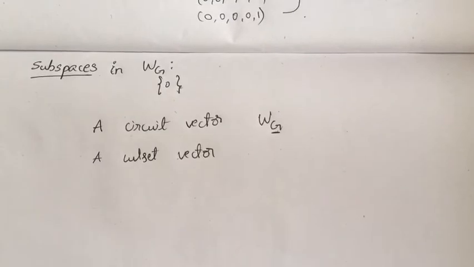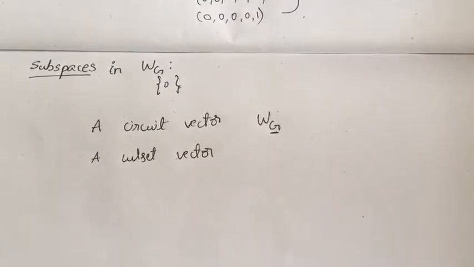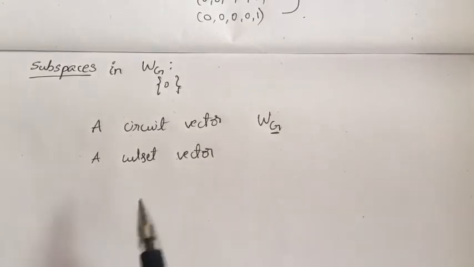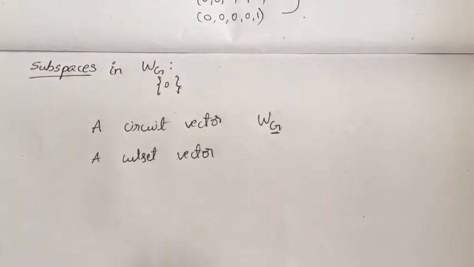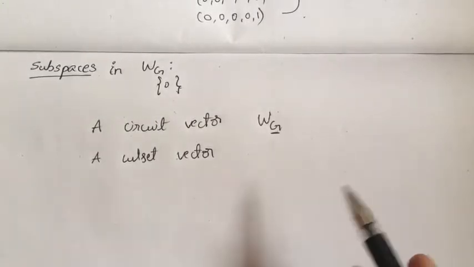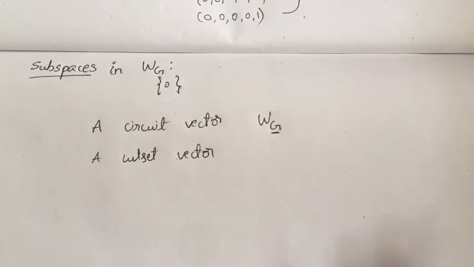We know that in vector space WG, the linear combination of two vectors corresponds to the ring sum of the corresponding subgraphs in G, which we have studied. The ring sum of two circuits is a circuit or a union of edge disjoint circuits. Therefore, the linear combination of two circuit vectors is also a circuit vector.